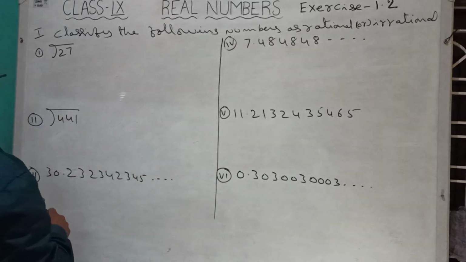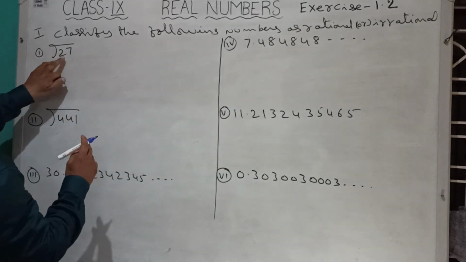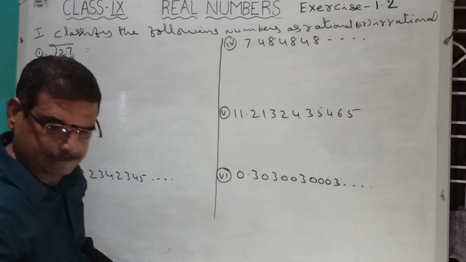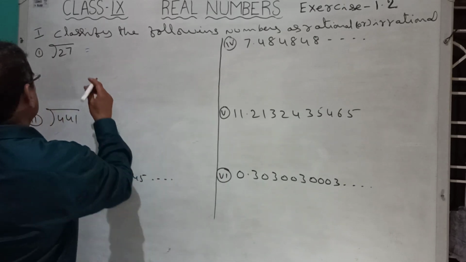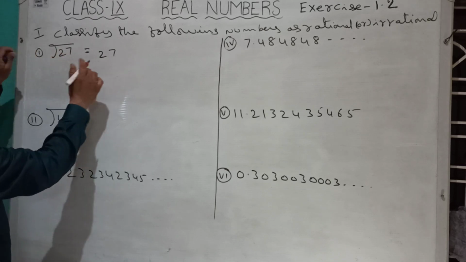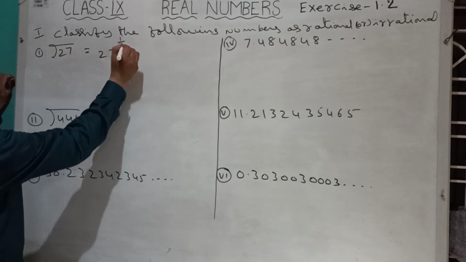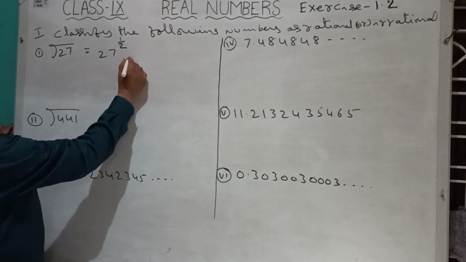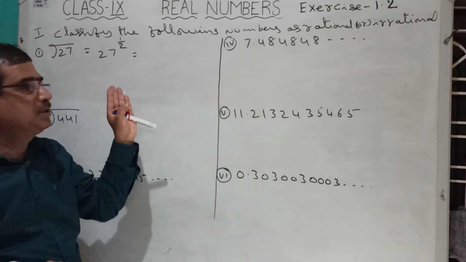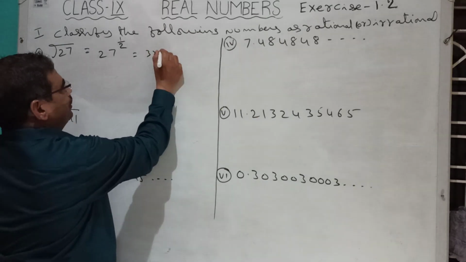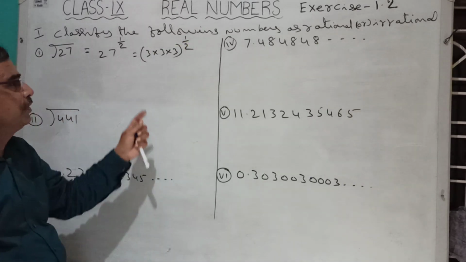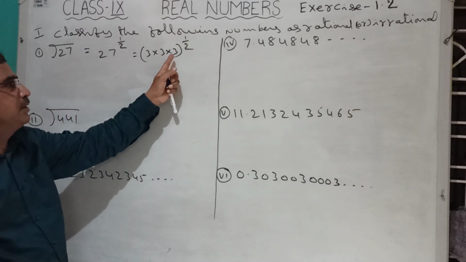Remember that one. So here, root 27 we can write like this: 27 to the power 1 by 2, since root means power 1 by 2. 27 we can write as 3 into 3 into 3, because 3 threes are 9 and 9 threes are 27.